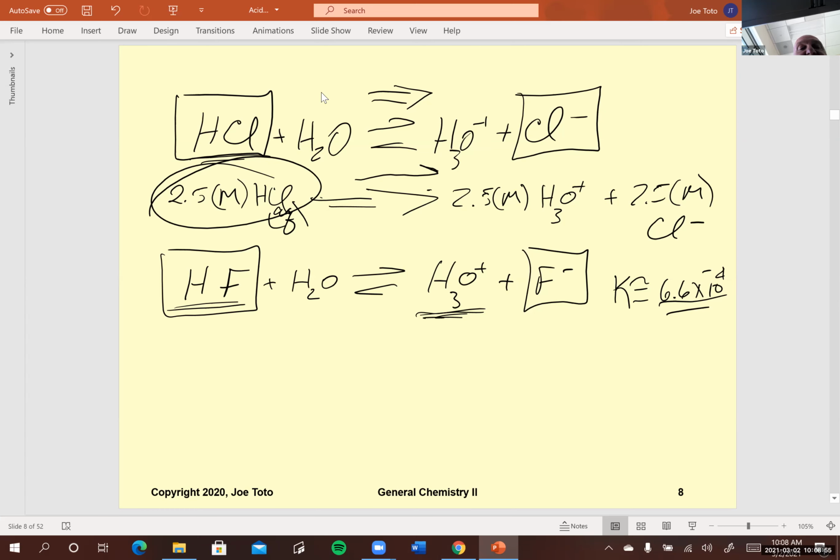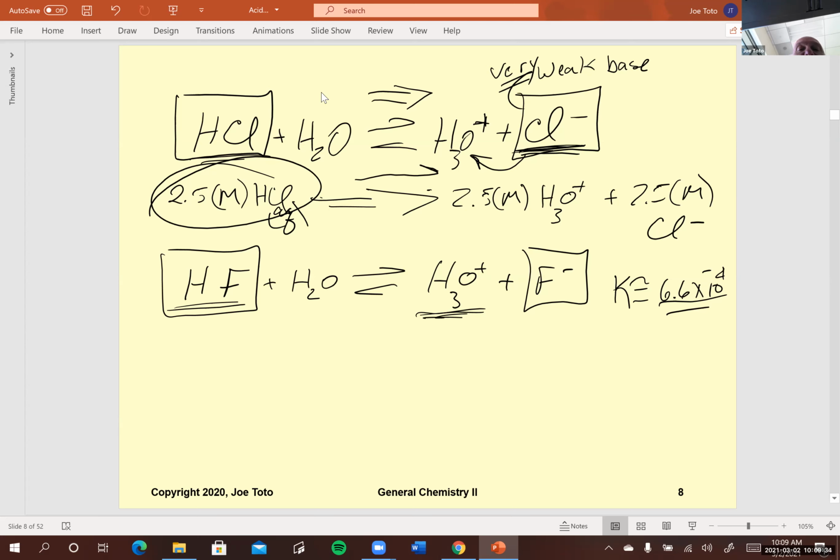Now, since HCl is a strong acid, I know the equilibrium lies way to the right, which makes Cl minus obviously a very weak base, because it has no strength to push that equilibrium to the left. If it was strong, then it would react with H3O plus, but it doesn't really to any extent.